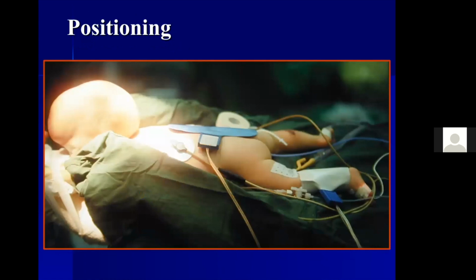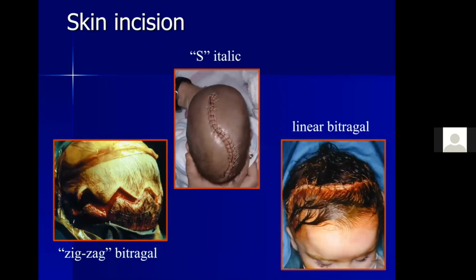This is the normal surgical positioning, prone with the extension of the head. Those are the kinds of incision we can perform. In the middle one, the italic S is one of the incisions we normally use. It extends from the anterior fontanelle to the inion. Or sometimes you can prefer a bitragal incision or zigzag for aesthetic reasons.